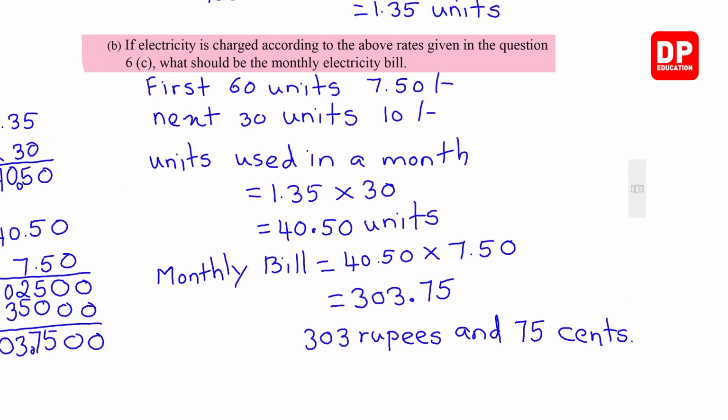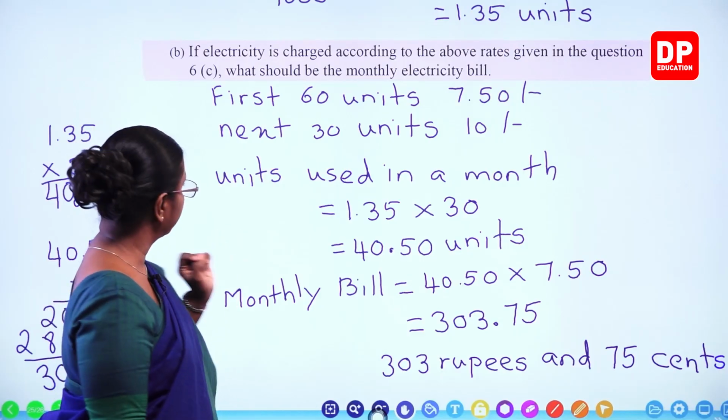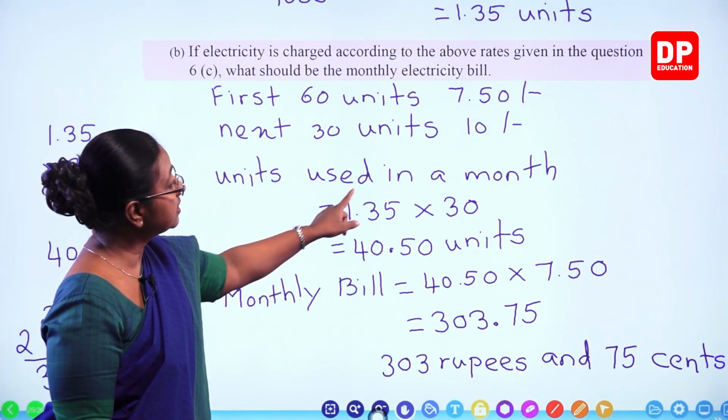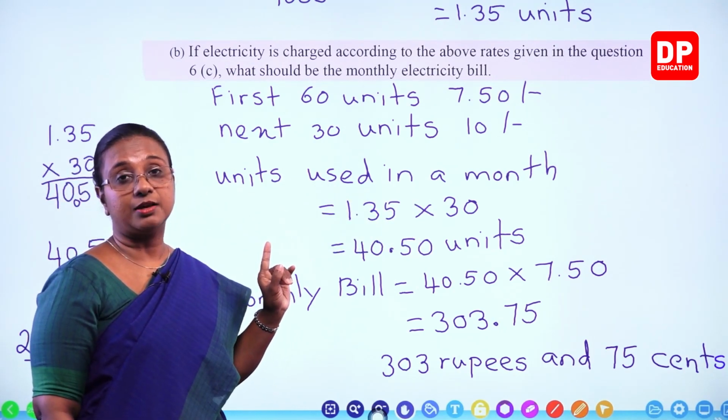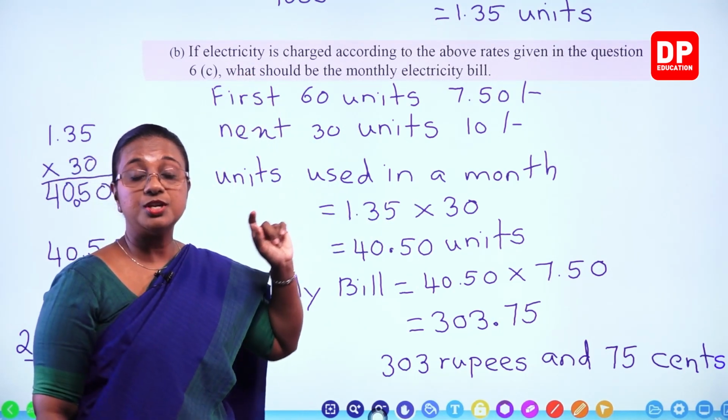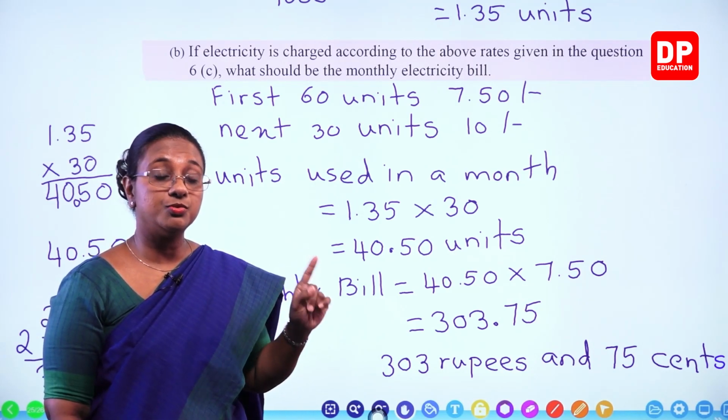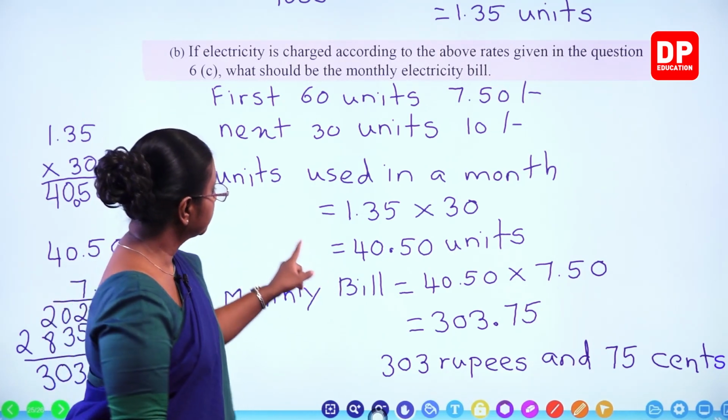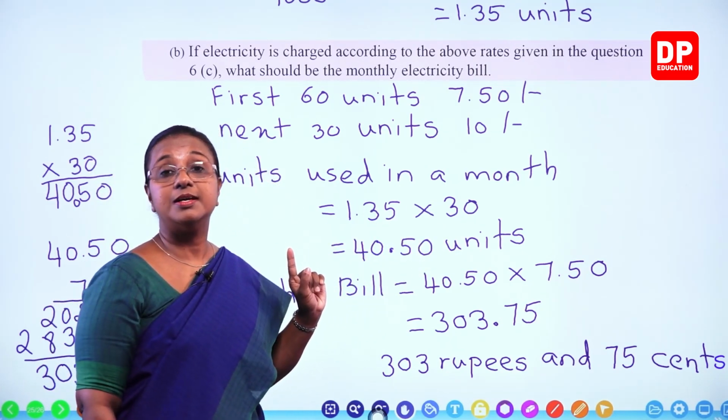Here this is to find the monthly electricity bill. It is according to the previous question. First 60 units 7 rupees and 50 cents. Next 30 units 10 rupees per unit. So the number of units used in a month has to be calculated. Because in the previous question we calculated the number of units used in 1 day. So here you need to multiply by 30 days.